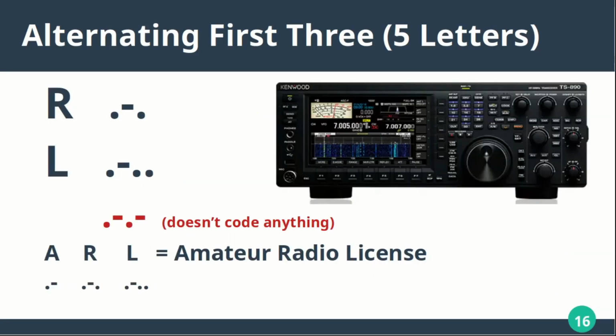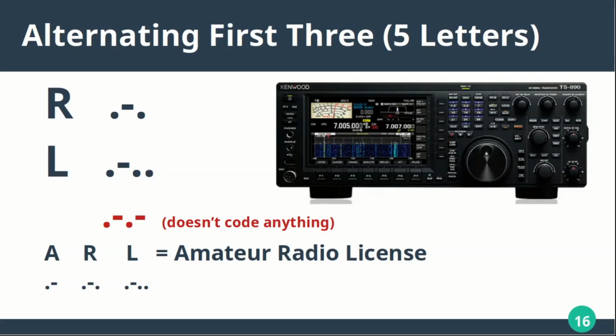The second group alternates the first 3, but just the opposite. Now you have dot dash dot, which is R, and dot dash dot dot is L. Now, I like to remember that as amateur radio license, RL, radio license. If you look at the bottom of the slide, you'll notice A is dot dash, and then R builds from that.